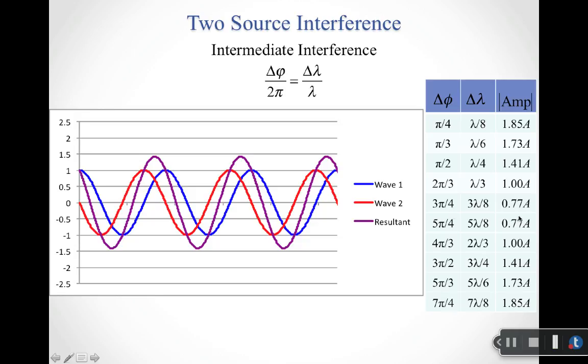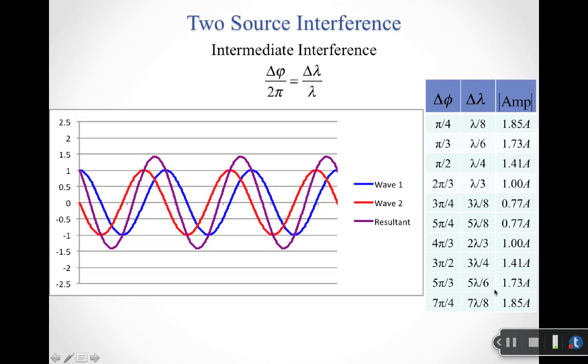And so now as I go from pi to 2 pi, the amplitude's increasing again. So effectively, the closer I get to pi, the more my waves are going to cancel out. The closer I get to 0 or 2 pi, the more my waves are going to add together in terms of their phase difference.